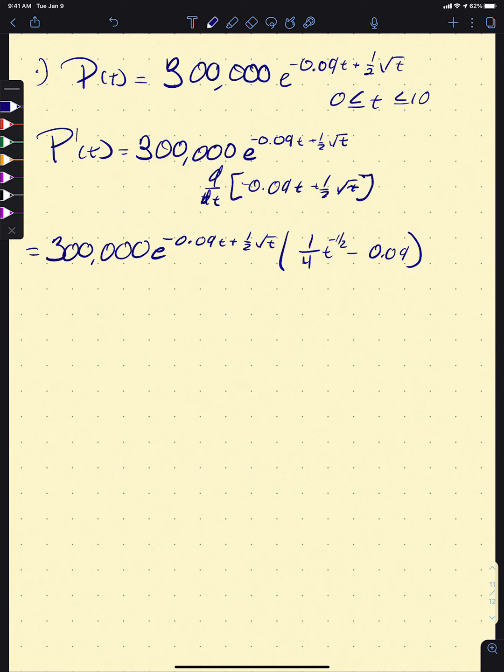But then, in order to find critical points, we need to set this equal to 0. As we saw in the last one, if this is equal to 0, then this part right here has to be the one equal to 0, because the exponential is always positive. And so that means that 1/4 t to the minus 1/2 minus 0.09 equals 0.